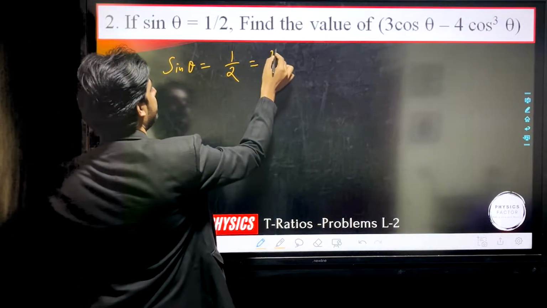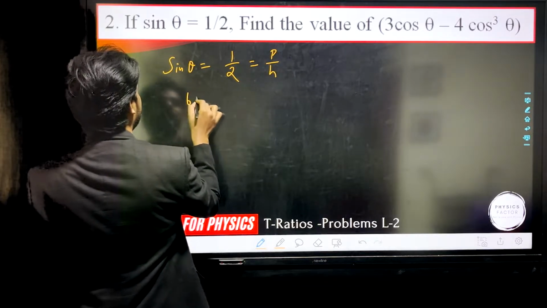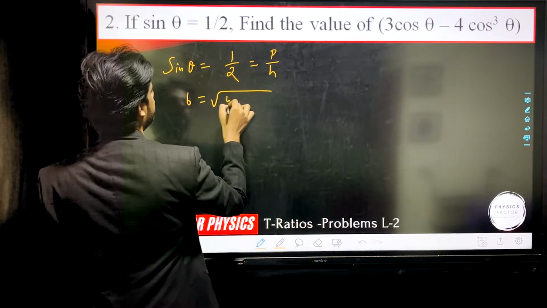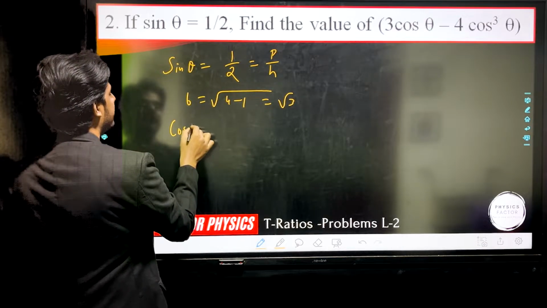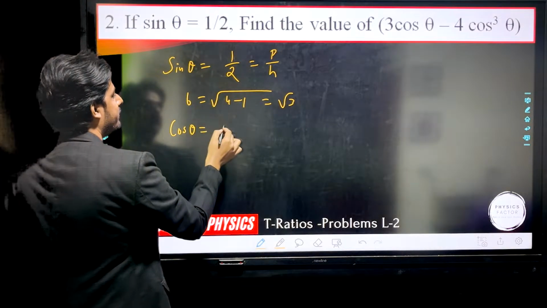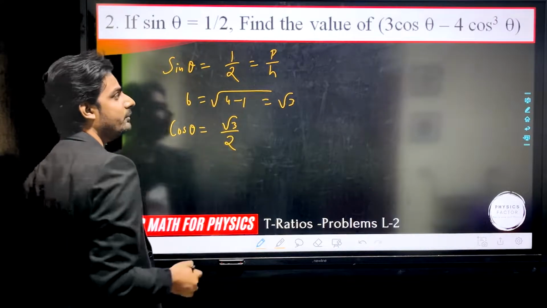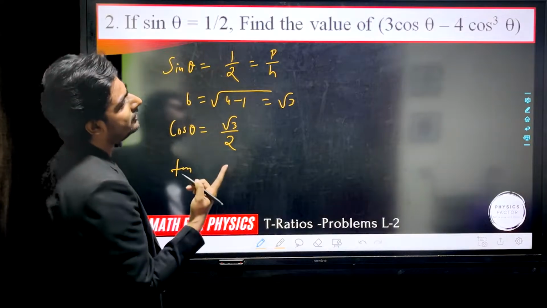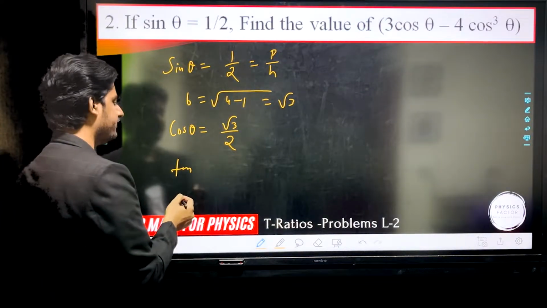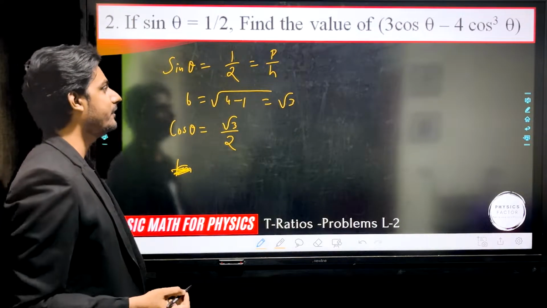We can say this is p upon h, and so we can calculate base. Base will be root of 4 minus 1, so root 3. And let's calculate other trigonometric ratios first. So cos theta is base upon hypotenuse, so root 3 upon 2, right? And tan theta we don't require.